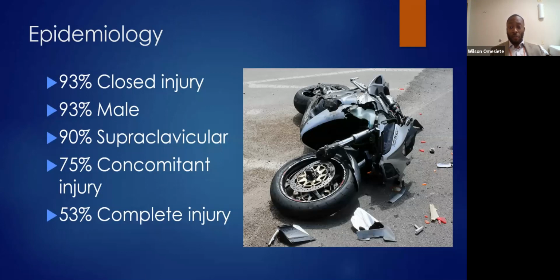And in those cases, you have a high chance of affecting other systems. Now, 75% of injuries occur concomitantly with either intracranial, cervical, thoracic, or additional extremity trauma. And roughly 1/5 have associated vascular injury, which often will require repair.